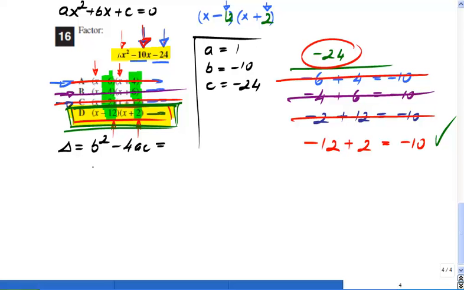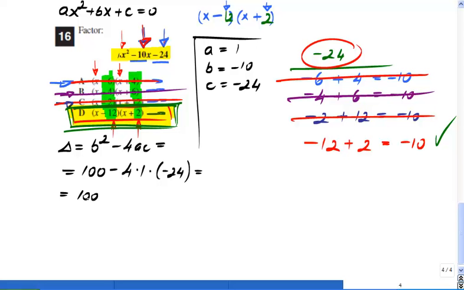Next step, you can plug them in and find delta. And what is delta? b squared. Negative 10 squared is positive 100. Minus 4 times a, 4 times 1, times c, times negative 24.